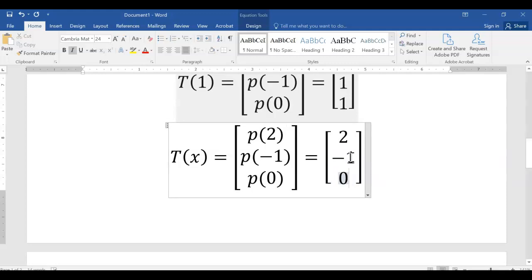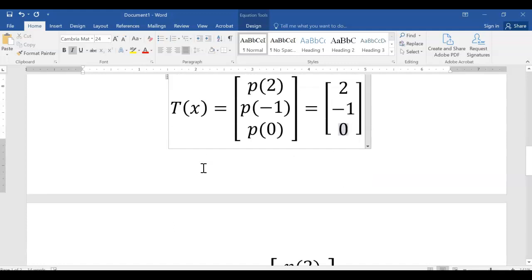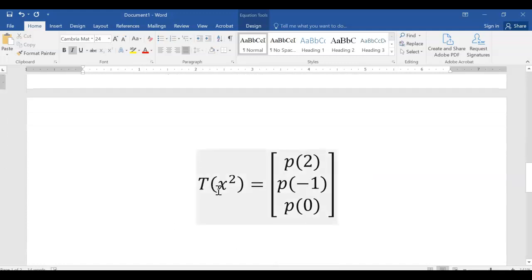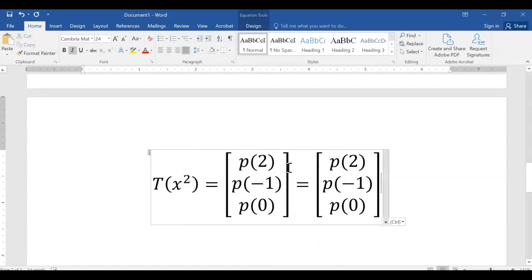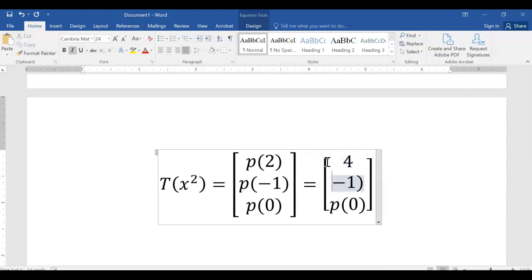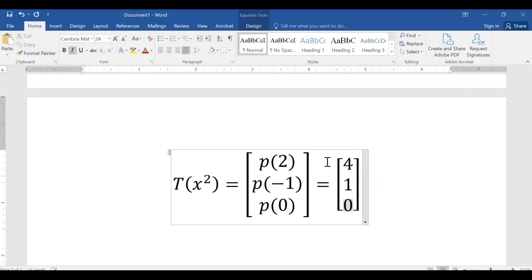So 2, -1, 0 when I plug in x. When I plug in the polynomial x squared, plug in 2, you should end up with a 4. When you plug in -1, you should end up with a 1. When you plug in 0, you should end up with 0.